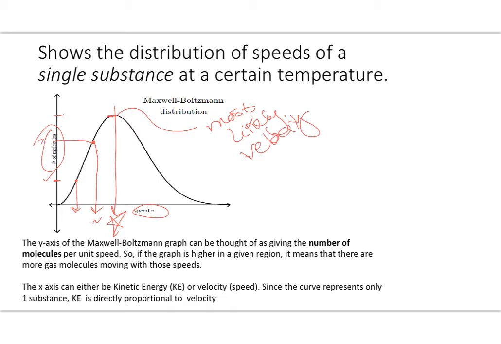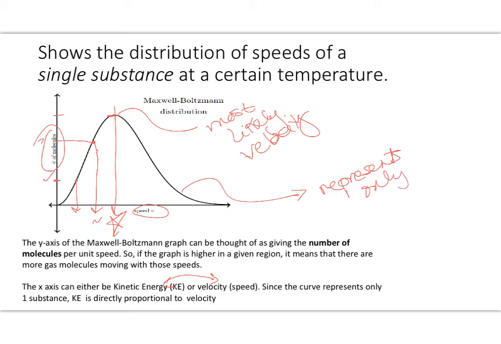Now, the x-axis can either be speed or velocity, which are essentially equivalent. Velocity has a vector direction associated to it, but we don't need to worry about that in here. And we're treating kinetic energy and velocity as the same because each Maxwell-Boltzmann curve represents only one substance, okay?